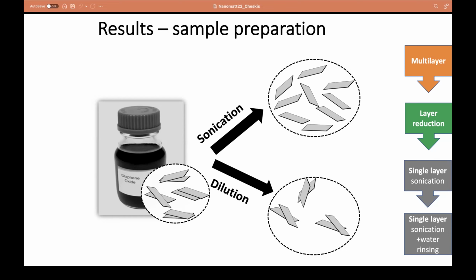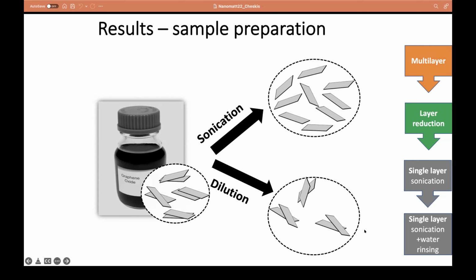In order to get single graphene, we can make a sonication process. In the sonication process, we separate between single layer flakes, and we also make dilution that reduces the number of flakes. However, it seems that a number of flakes are connected to each other, and because of this reason, we get multi-layer.